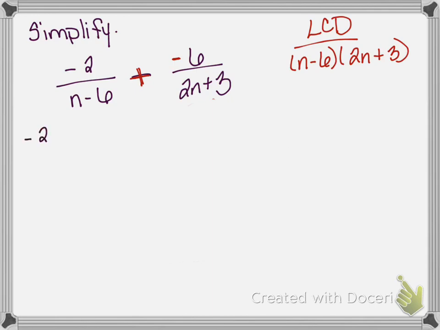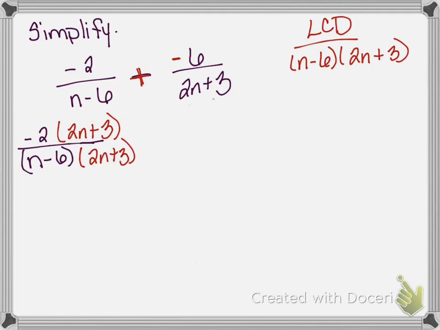Okay, now we're going to get started with my LCD. So my first rational is negative 2 over n minus 6. I have to decide what is missing from my LCD. What do I not have in my first denominator? Good, 2n plus 3. So I am going to multiply the top and the bottom by 2n plus 3.